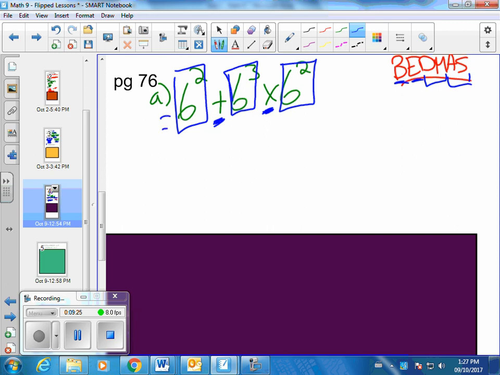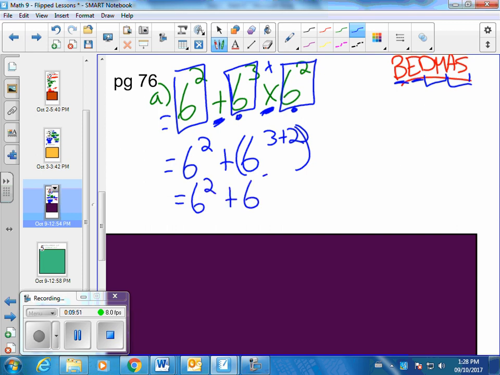So I'm going to rewrite this equation as 6 squared plus 6 to the 3 plus 2, because I've got multiplication with numbers of the same base, so I'm going to add the exponents. So I actually get 6 squared plus 6 to the 5th.